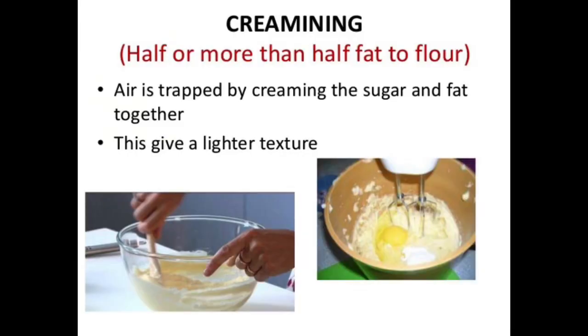Then comes leavening agents. Leavening agents are very, very important. They have three functions in cake making. First is that they are responsible for mechanical aeration. When fat is whipped with sugar, the mixture is filled with minute air cells which expand under the action of heat in the oven, and that gives volume to the product.